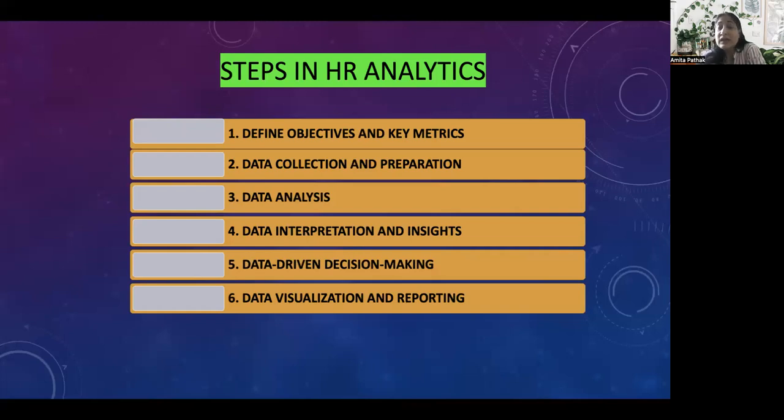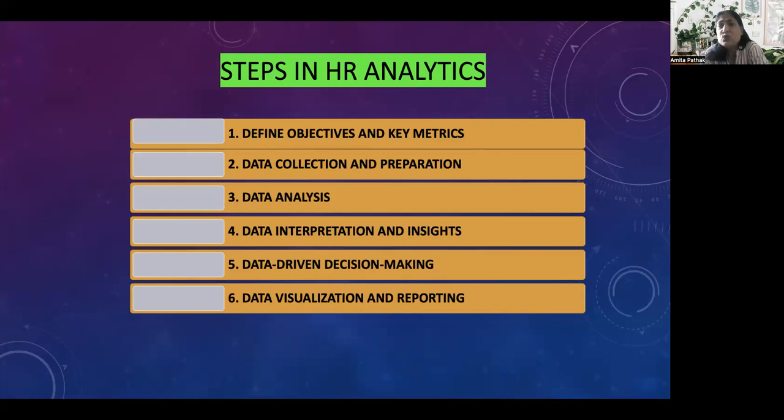Similarly, dear friends, in data visualization and reporting systems, we use certain visualization tools and techniques to do our reporting so that my stakeholder, the HR head, is able to quickly take a decision. Being an HR professional, it's our role to represent our findings using data visualization in an effective way.